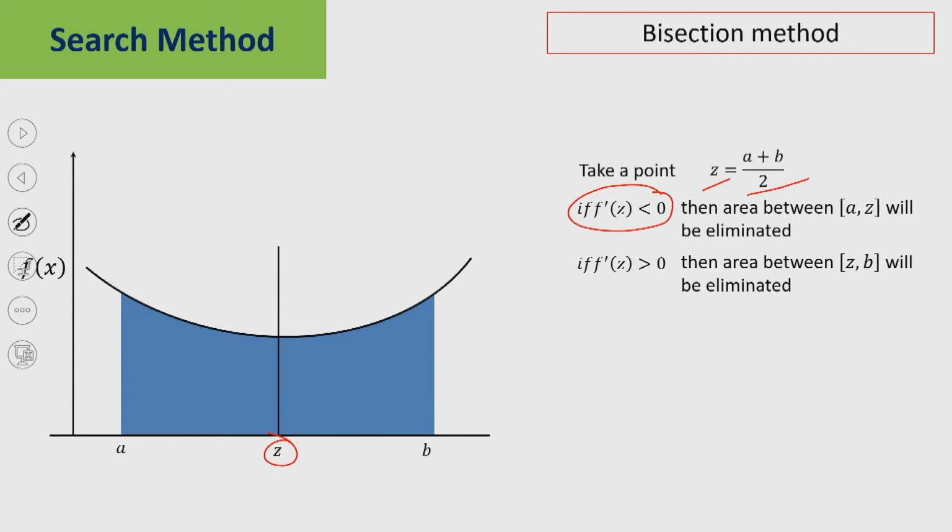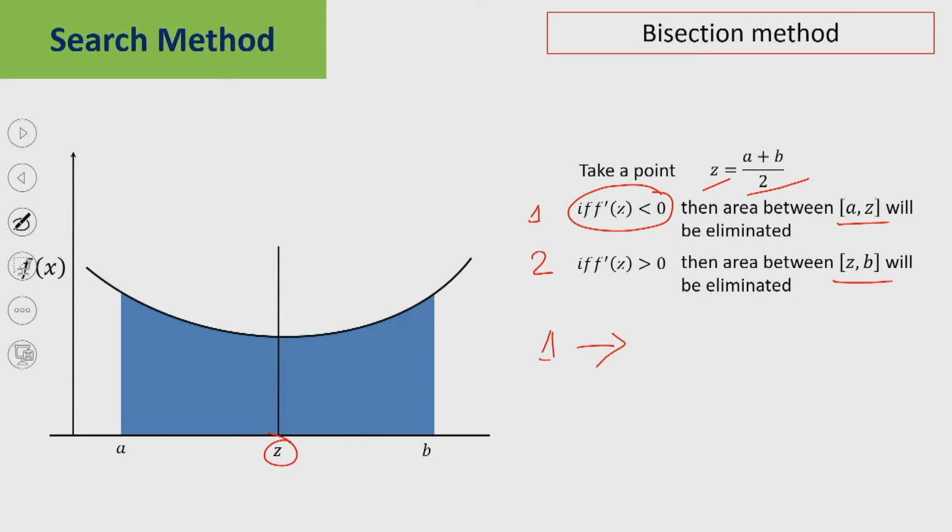If it is less than 0, then we are eliminating the region a z, and if it is greater than 0, then we are eliminating the region z b. So, this is condition 1 and this is condition 2. Now, if 1 is true, what will happen?